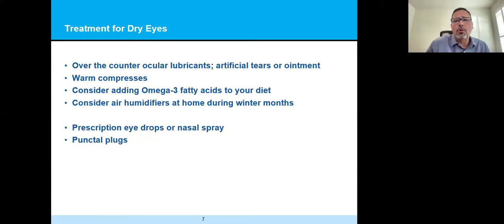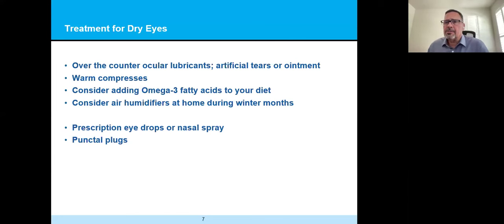Ointments and also warm compresses are wonderful in helping with dryness, and that's something that is easily done at home. Taking a clean washcloth, soak it in warm water, and let that hot towel sit on your eyes for a minute or two. And these are easy things that you can do to treat dryness yourself.